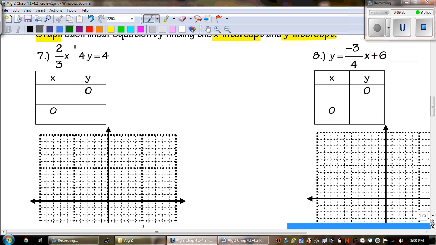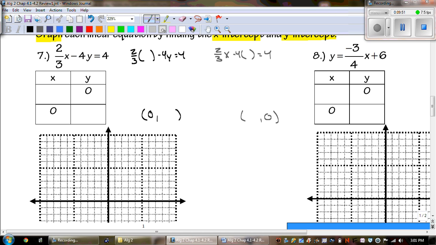So to help me remember that, right away, I'm going to write the equation 2 times. Okay, and each one of these is going to be a point. The first one, I'm letting x equal 0. The second one, I'm letting y equal 0.